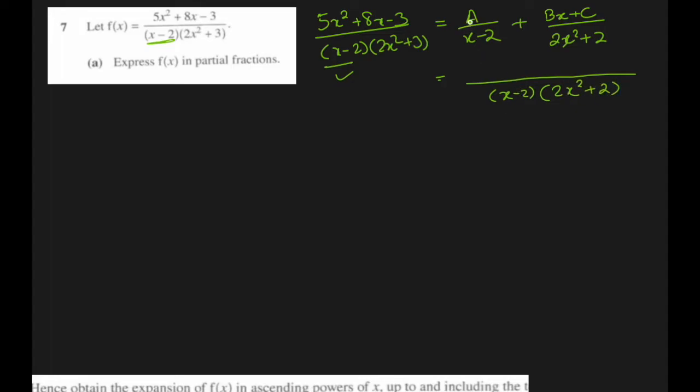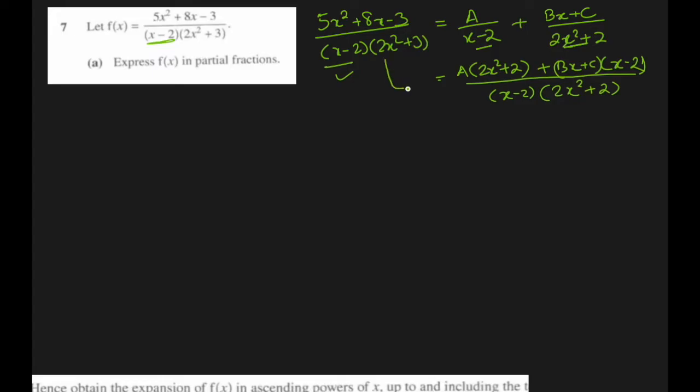That means this A will be multiplied by the denominator of the other one, 2x squared plus 3, so that we get exactly the same denominator for both, plus Bx plus C, which will multiply with the denominator of the other, x minus 2.